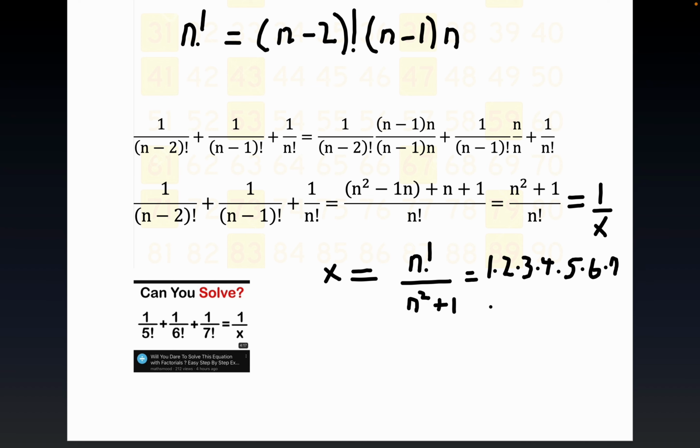And then this would be over 50. But notice that 7 squared is 49 plus 1 is 50. So this would be 2 times 5.